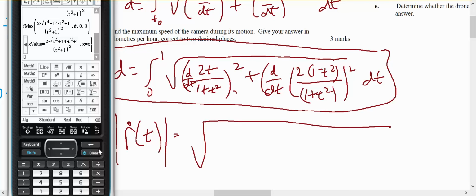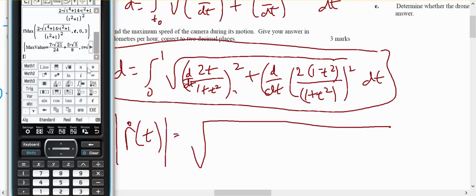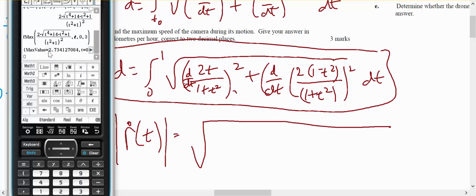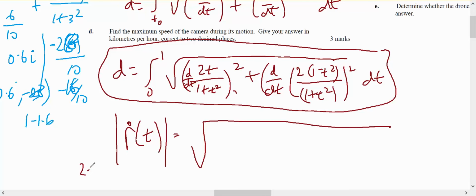Always a bit of a problem when you use the different variable. And I've now got a maximum value of 2.73 kilometres per hour as being the maximum.